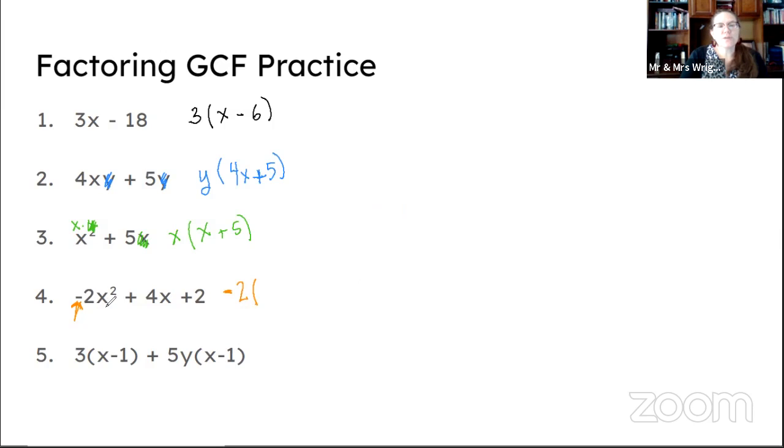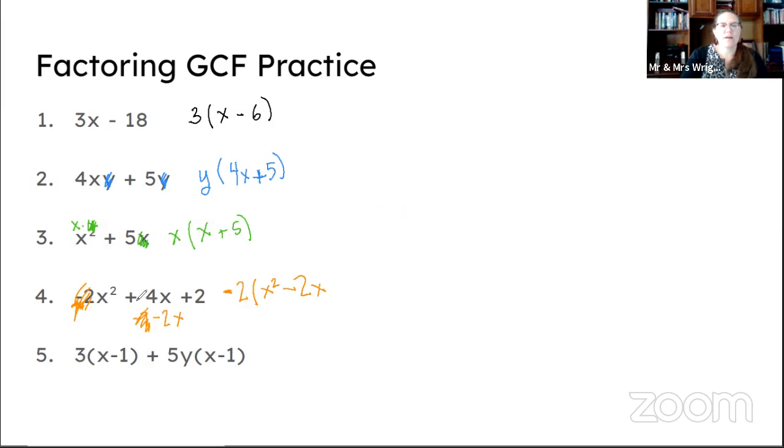So negative 2x squared divided by negative 2 is simply going to be x squared, because if we divide out negative 2, that leaves us with x squared. 4x, okay? Well, if we were to multiply negative 2 times what to make a positive 4, it's going to be a negative 2, and then we have an x there as well. So if we cross out one of the negative 2's because we're factoring it out, we're left with negative 2x.